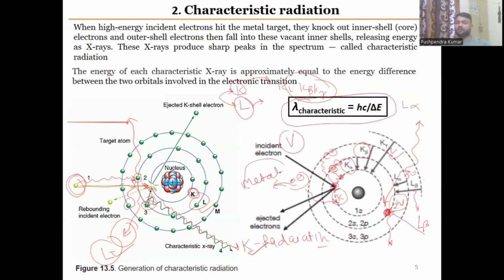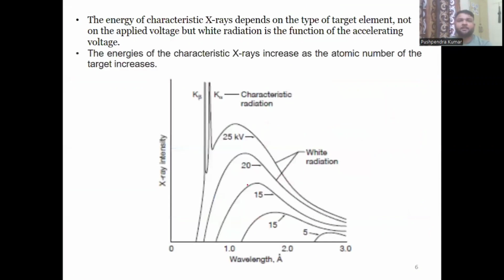So we can say that the radiations generated by this method are known as the characteristic radiation, and the wavelength corresponding to these radiations is known as the characteristic wavelength, because it is dependent on the metal target.